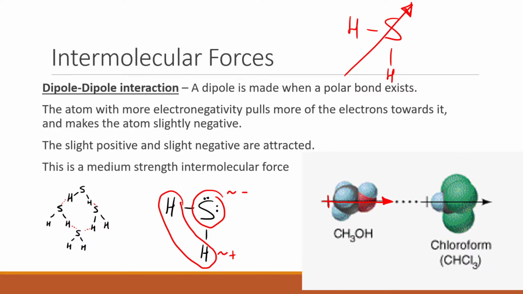The arrow points to the sort of negative side, and the little plus sign shows the sort of positive side. Not the most common symbol in the world, but it is present in some textbooks, some diagrams. You'll see them if you're doing any reading outside of class.